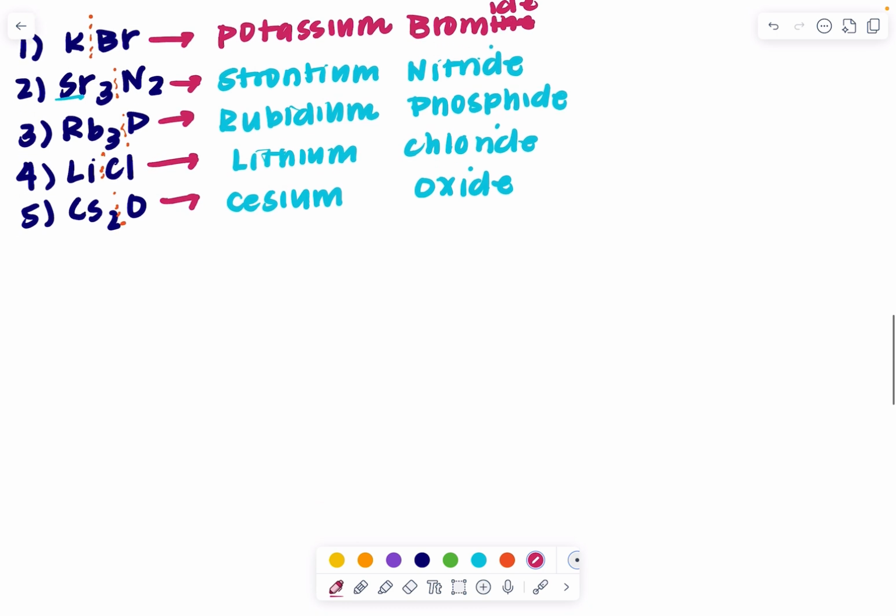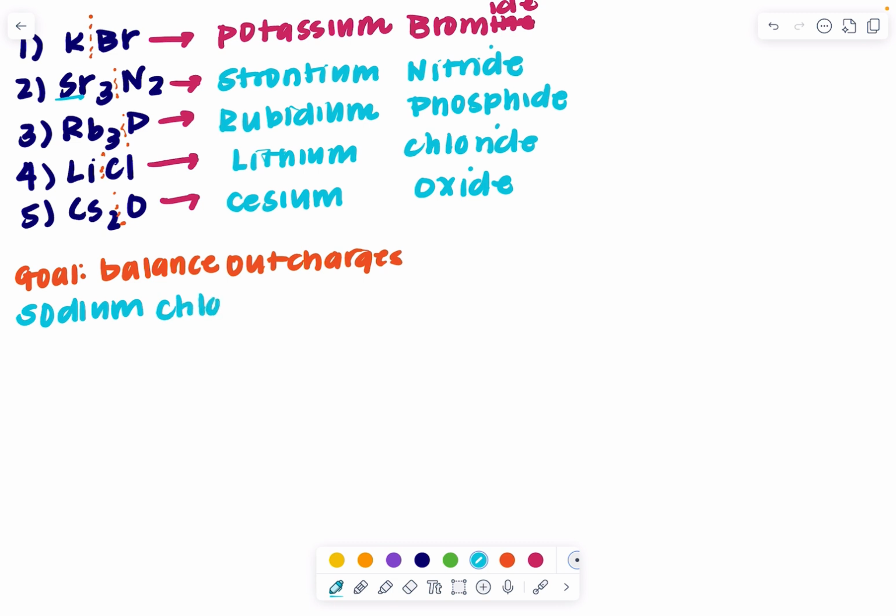Again, if you're given the name, our goal is to balance out charges. There's kind of two ways that we can do this. But let's look at something like sodium chloride. We know sodium, we know chlorine.